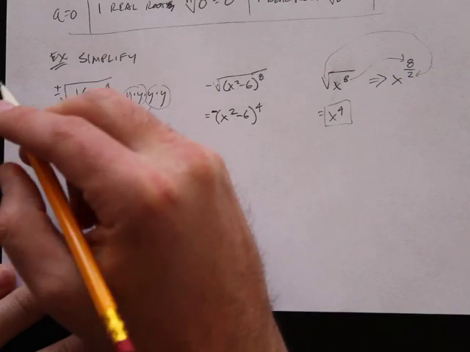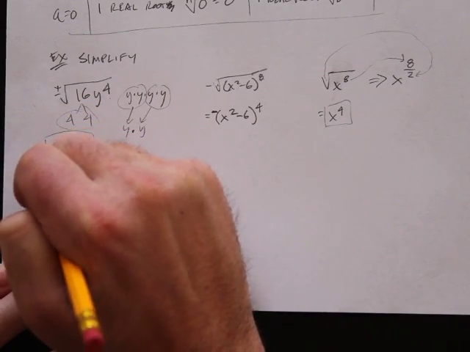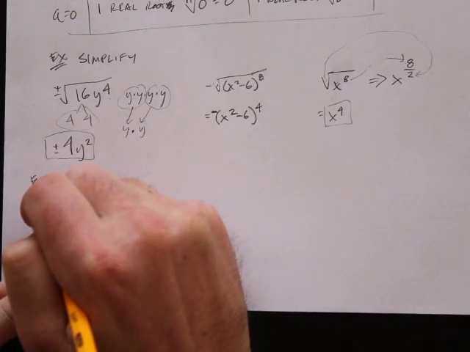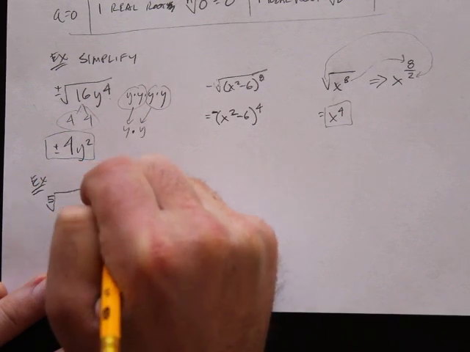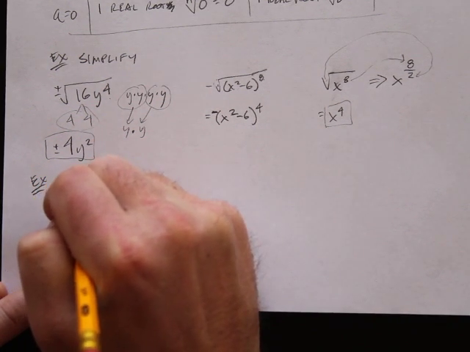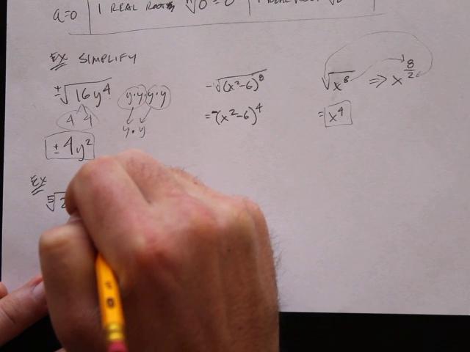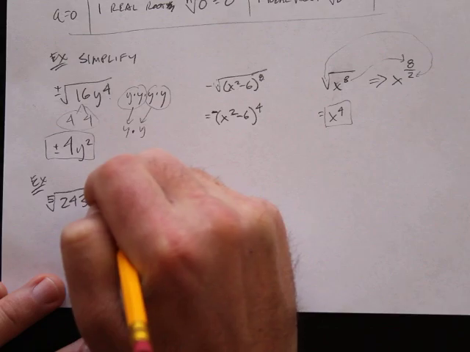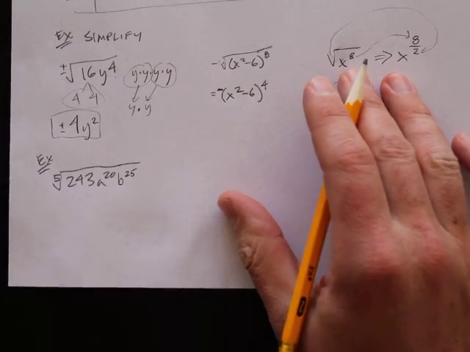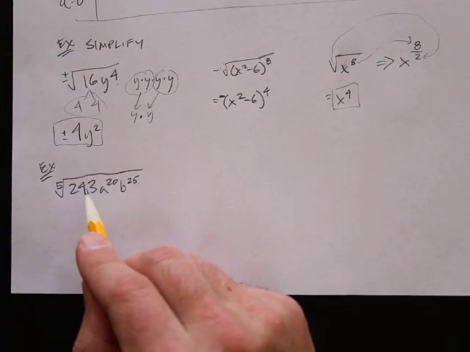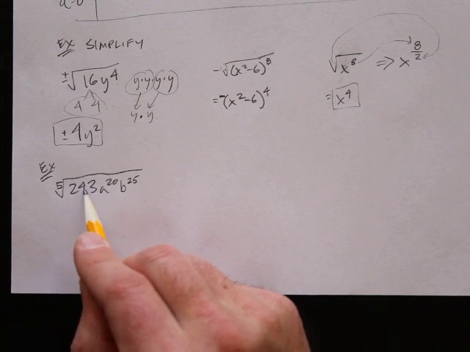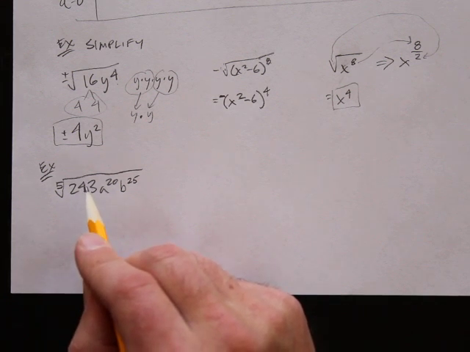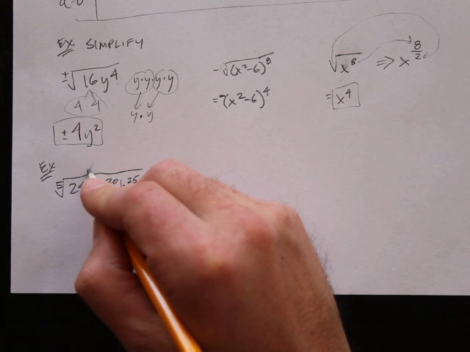Let's do one more example, and I'll have you guys do some on your own. The 5th root of 243 a to the 20th b to the 25th. Okay, so this is the 5th root. Now, 243 is 3 to the 5th power.